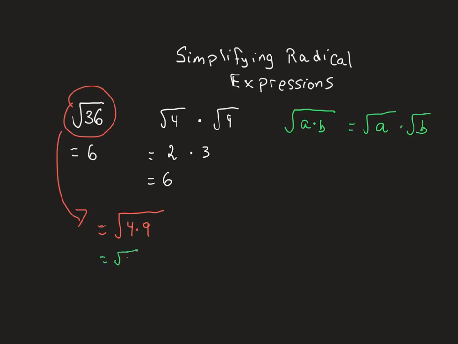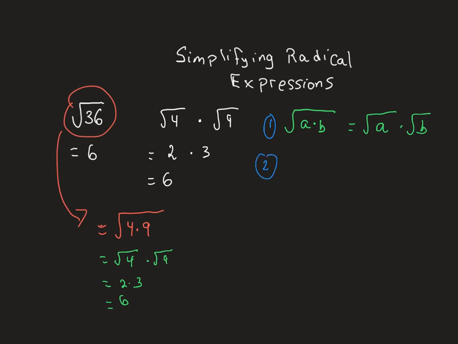This would be turning into square root of 4 times square root of 9, which is 2 times 3, which is 6. So that is the first rule. First rule is if I have square root of two numbers multiplying themselves, we can separate the square roots into two separate square roots.